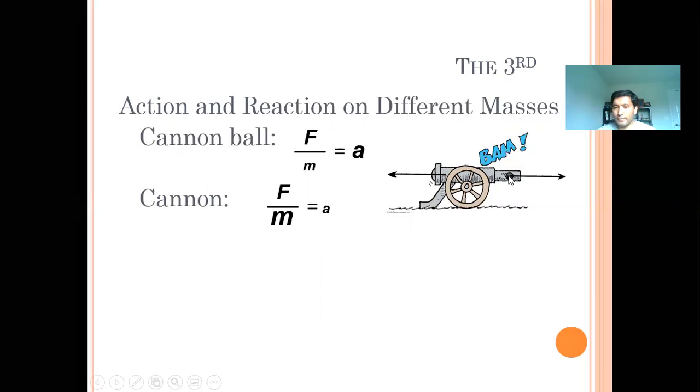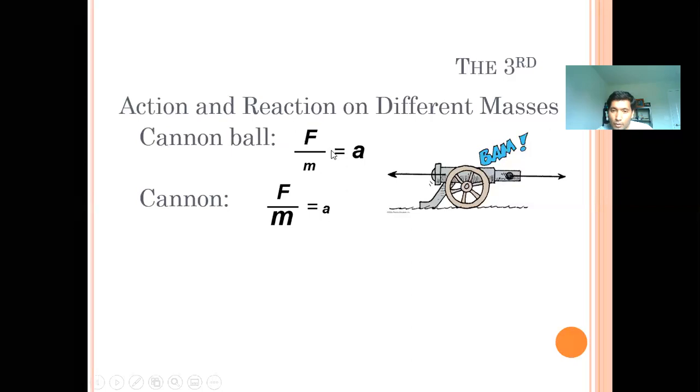The force exerted by the cannonball on the cannon is the reaction. But if there is a question, why, when these two things, the cannonball and the cannon, exert equal and opposite forces, do both not have the same acceleration? Look here. The answer is given here.